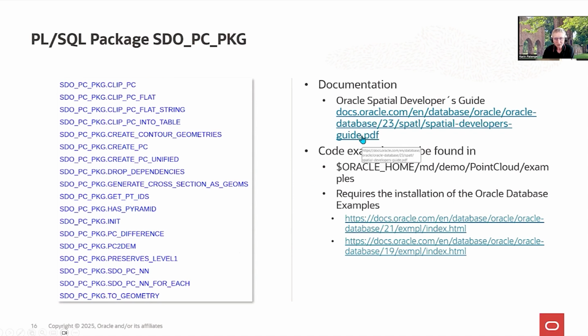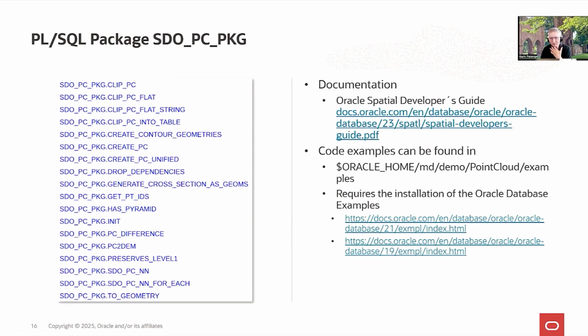I've included here the documentation. It contains all the information about how to store the data and how to process the data with sample code. And there is also sample code which you can find as part of the Oracle database examples.